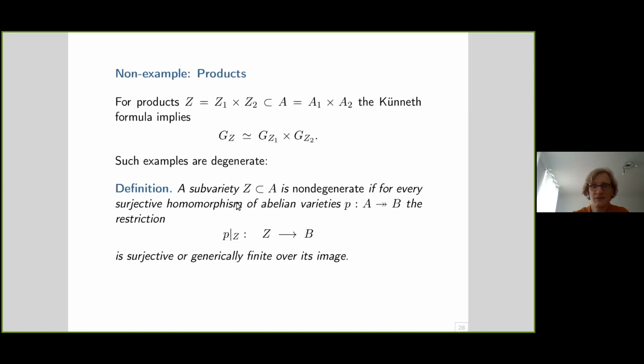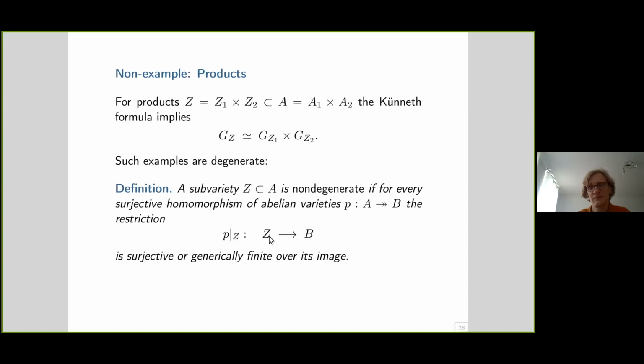So this is the following definition: a subvariety of an abelian variety is called non-degenerate if for any surjective homomorphism of abelian varieties from A to some quotient abelian variety B, if you restrict it to the subvariety Z, then the induced map from Z to B is surjective onto B, or it's generically finite over its image.